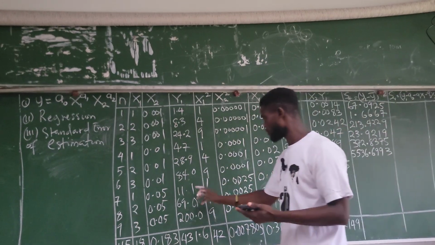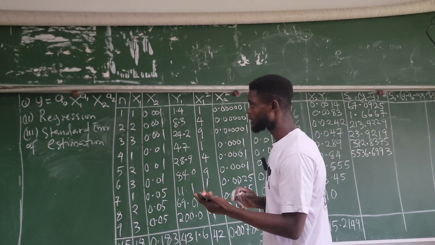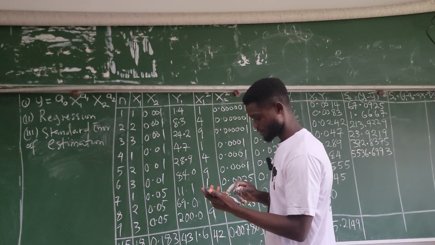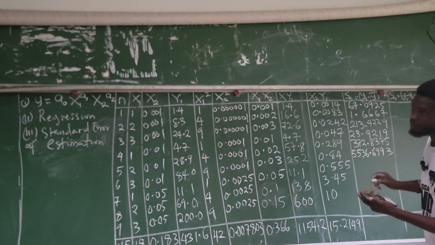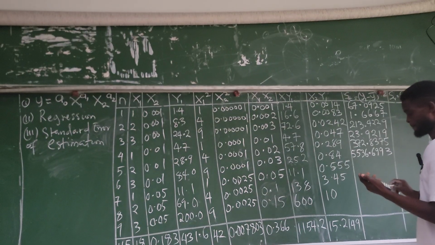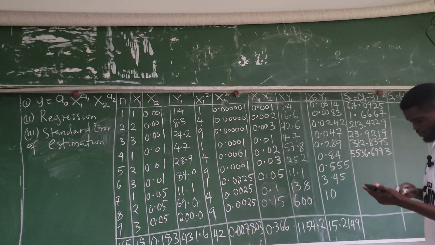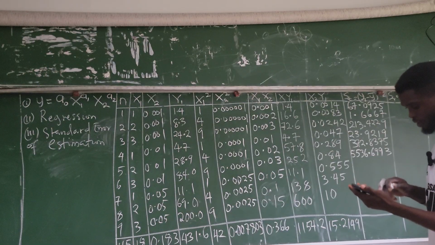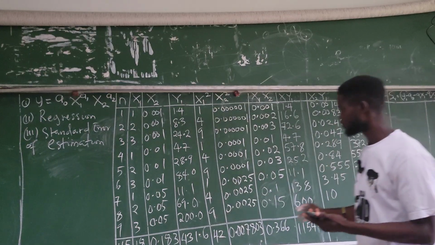So we also have the same thing. 11.1 minus 9.591 in square give us 2.2771.